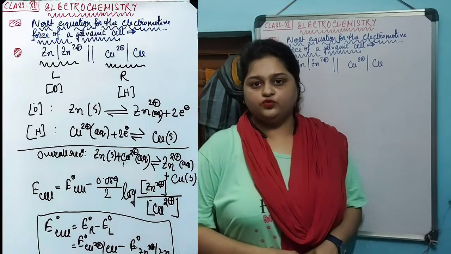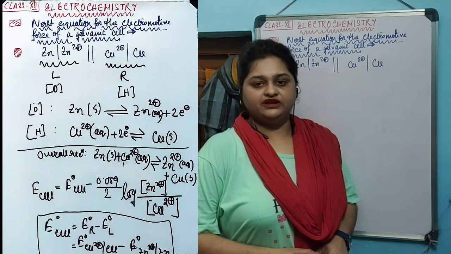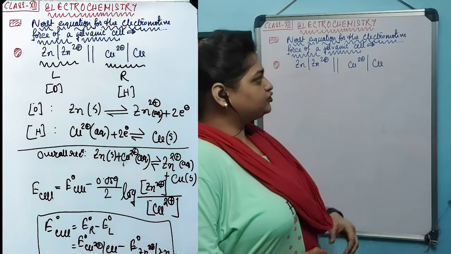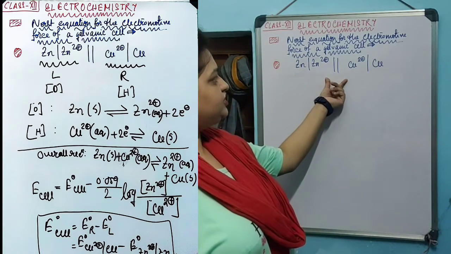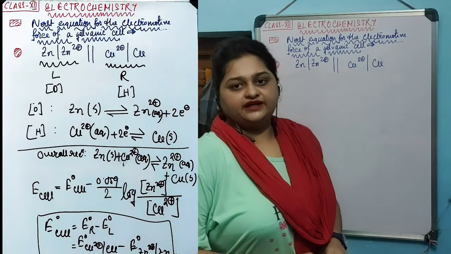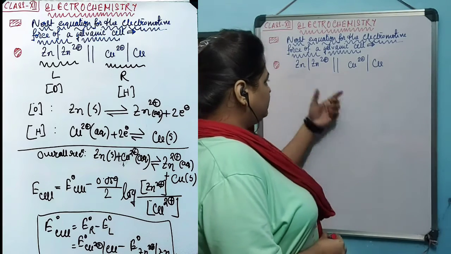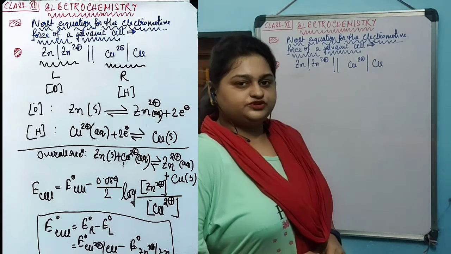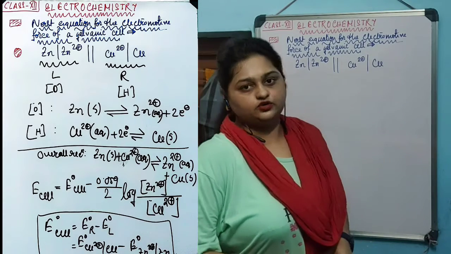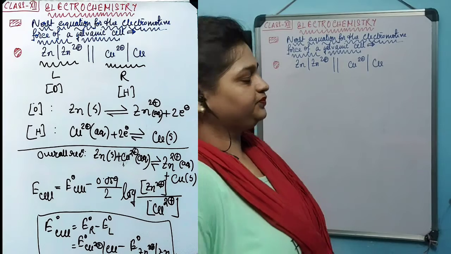This is a very unique way of representing an entire galvanic cell reaction. In the middle portion of this cell representation, you can see there are two lines that have been drawn. On the left hand side there are two species, and on the right hand side there are two species given.